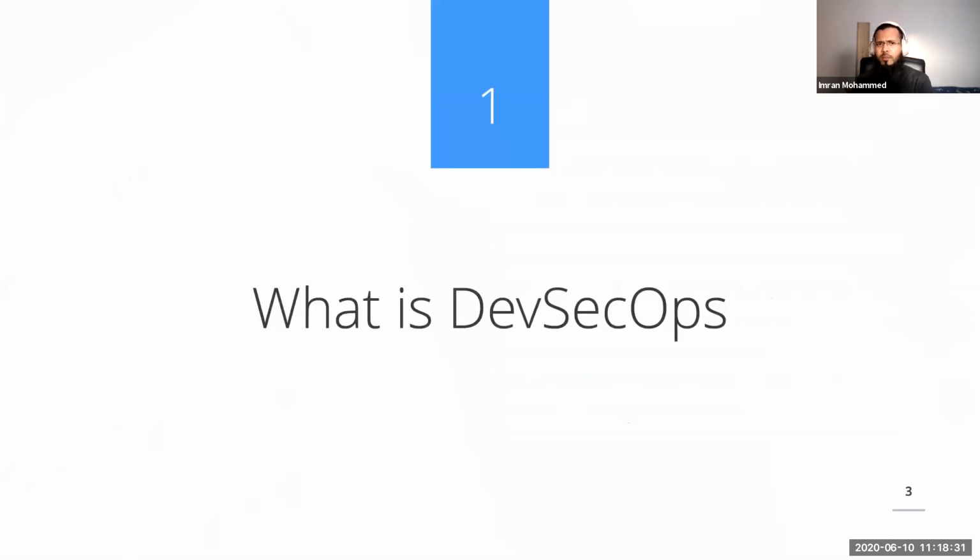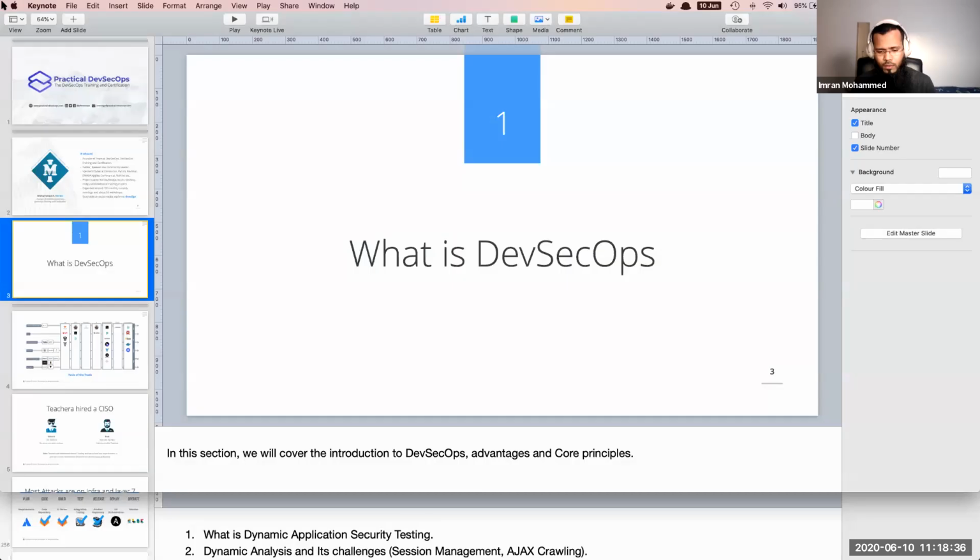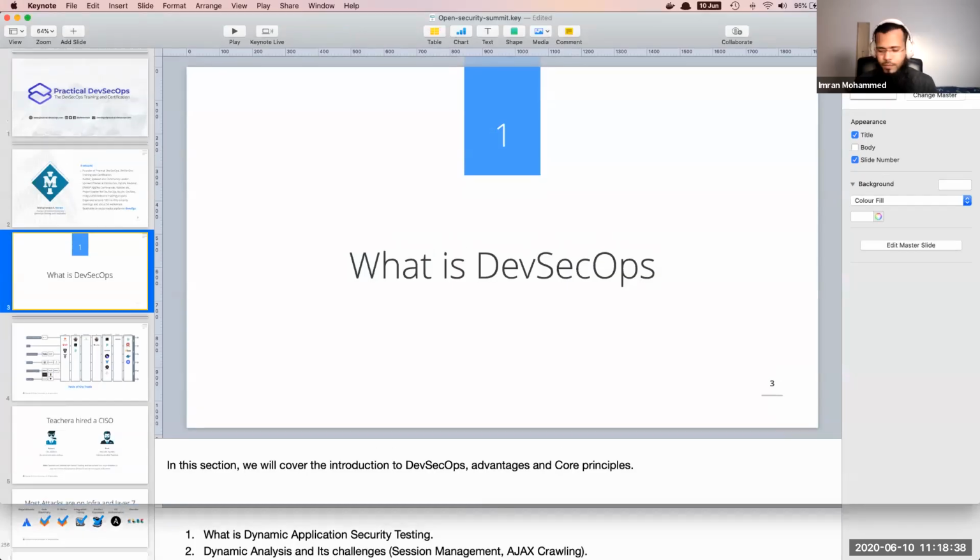And I will try to keep it pretty simple, but let's do a quick round of, not introduction, but can you guys please let me know if you were here yesterday? So you were there in our static analysis talk. If you were there, can you please open up your chat? There is a chat button.